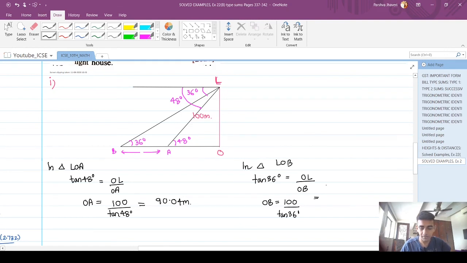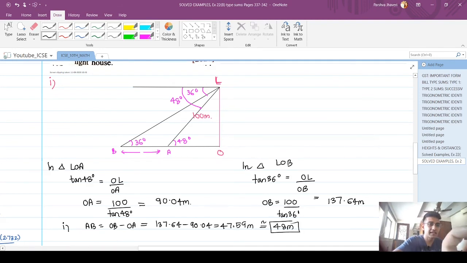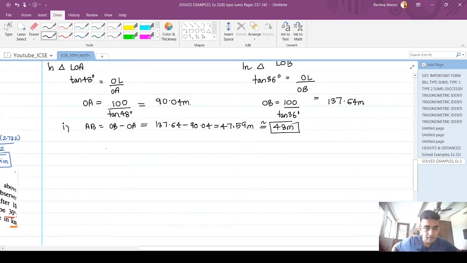This answer is around 137.64 meters. Now, obviously, for part 1, the distance they want is AB is equal to OB minus OA. For the second part, it's very simple. The distance between them will be nothing but OA plus OB.